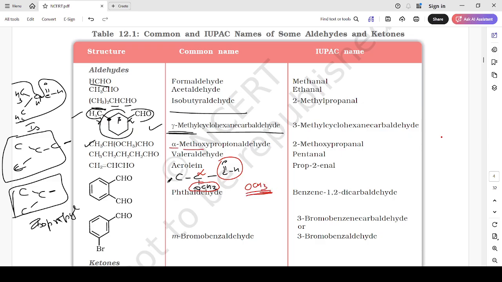Alpha methoxy. Do I have a three carbon system? Yes, so I have propionaldehyde.